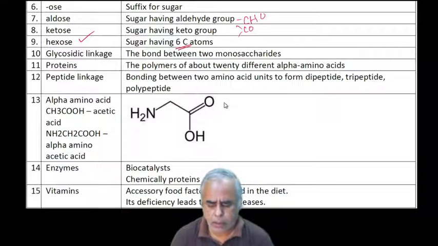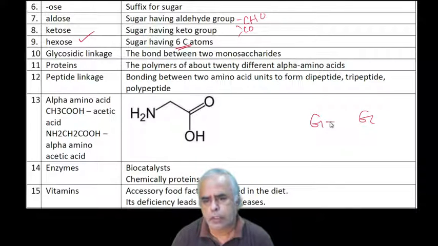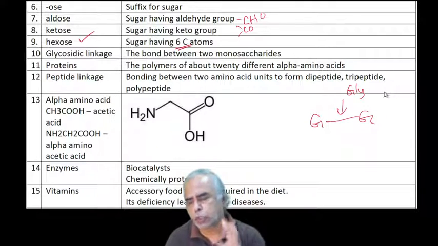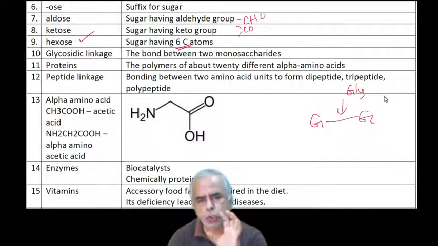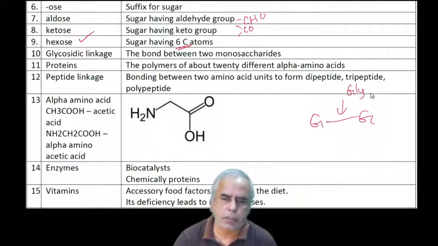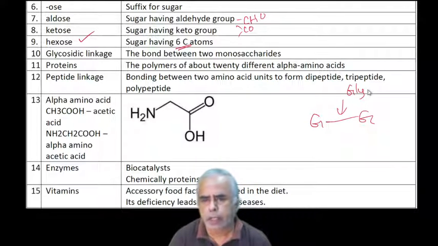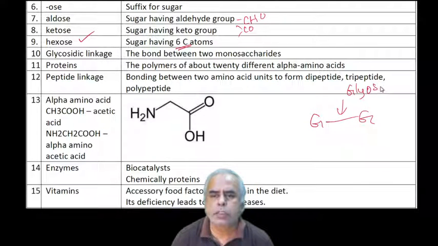Similarly, see, we have got one glucose, another glucose, and there is a bond. This bond is known as glycosidic linkage. So the linkage between two sugar units, that is monosaccharide units, can be called glycosidic linkage. Please note down this glycosidic linkage.